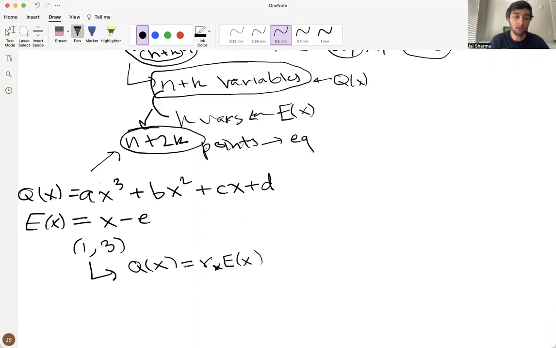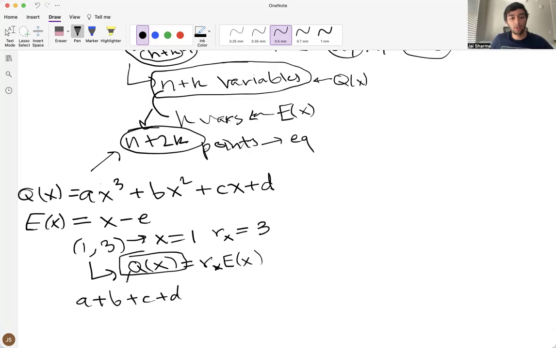And here, x is equal to 1, and R of x is equal to 3, the thing that we got for the message of 1. So if we put in 1, we get a plus b plus c plus d. That's what you get when you put 1 for Q of x. And that's equal to 3 times x minus e.